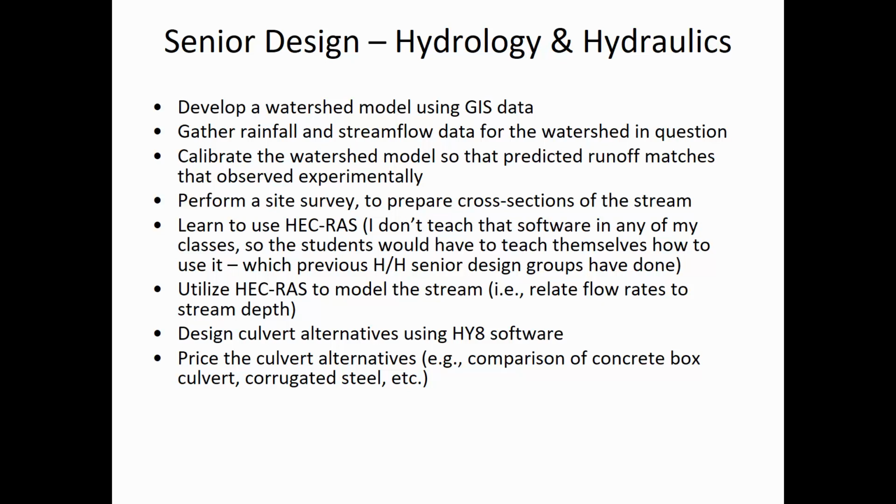There is elevation data at a pretty coarse resolution, but for a small watershed you need a pretty precise idea of what the channel cross-section looks like. So the student group will go and do a survey to find out at certain points what the channel looks like, so that when you have a flow rate you'll know the relationship between Q and the depth.